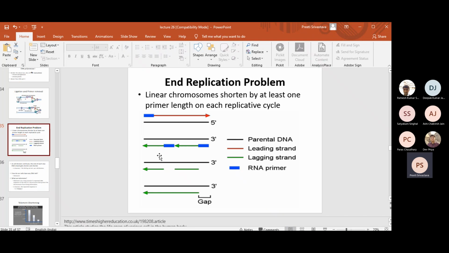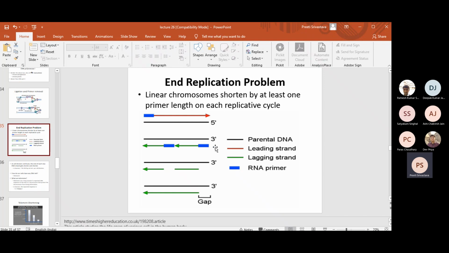When it is circular, but when it is linear, class, the problem becomes difficult, because then DNA polymerase 1 will remove this RNA primer and will carry out the synthesis. The 5' to 3' exonuclease activity will remove the RNA primer and will carry out the synthesis.